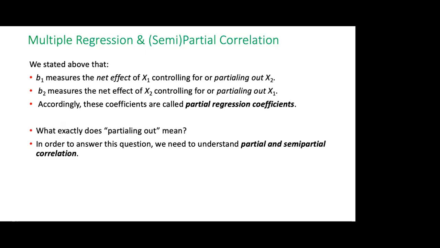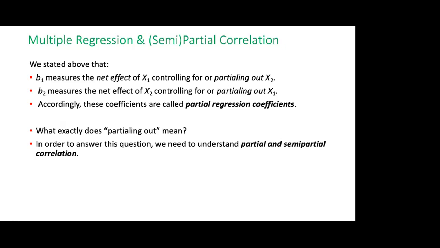What is also often said is that we partial out the second predictor. In the same way, our regression coefficient for the second predictor measures the net effect of x2 controlling for or partialing out the effect of x1. That's the reason why regression coefficients in multiple regression are also called partial regression coefficients.